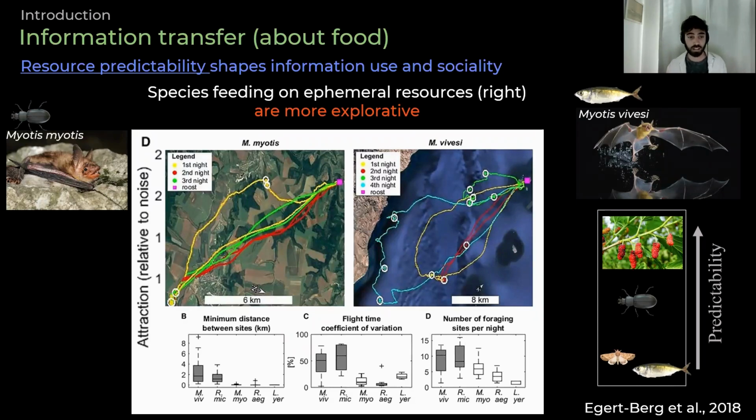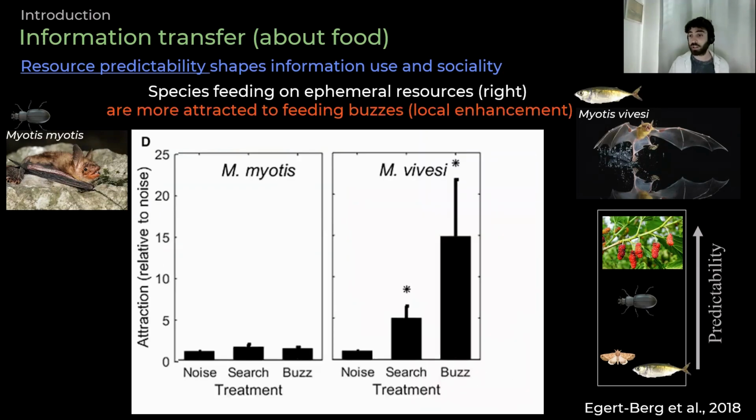And on the other side, you have a species that feeds on beetles, and it's considered to be more predictable because these beetles are probably found in more or less the same location, at least compared to fish. And you can see that the individual on the right, the one who uses unpredictable food resources, is much more explorative. And maybe more interesting to our issue is that it also is more prone to use social information.